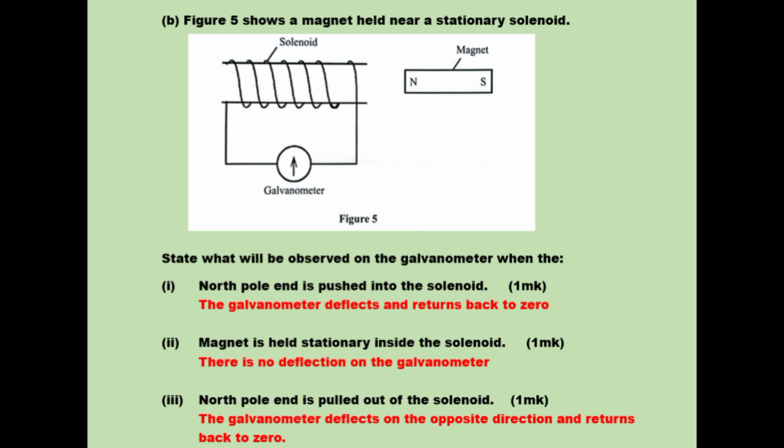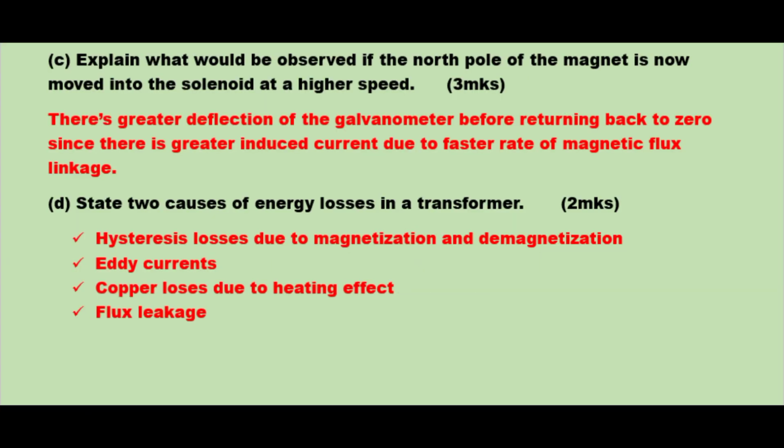There is greater deflection of the galvanometer before returning back to zero, since there is greater induced current due to a faster rate of change of magnetic flux linkage. So when you move it at a higher speed, more current will be induced because the rate of flux linkage will be faster. So you should be able to score the 3 marks.